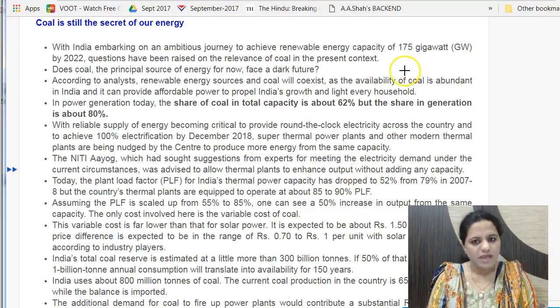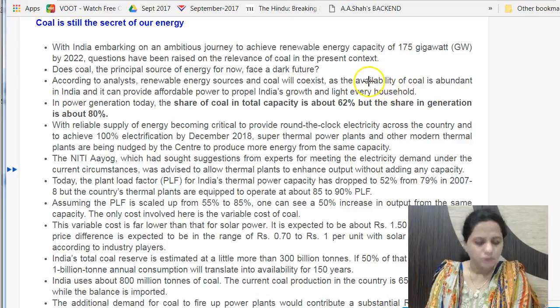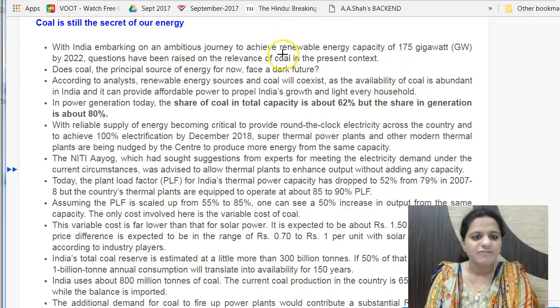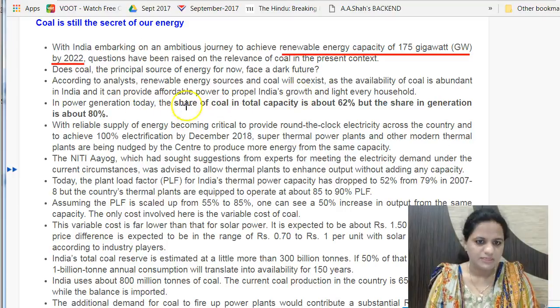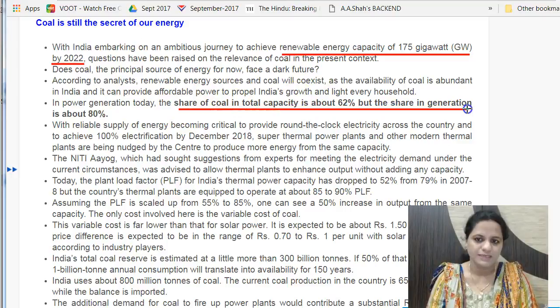Under this too, we have obligations, and we want to achieve renewable energy capacity of 175 gigawatts by 2022. But still, the role of coal cannot reduce. The share of coal in total capacity is about 62% presently, but the share in power generation is about 80%. So this is the significance.